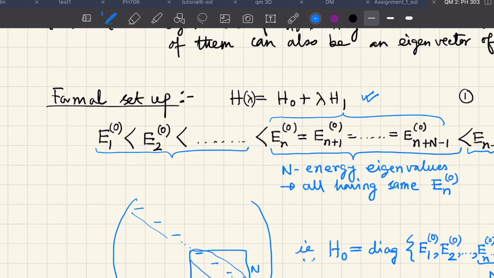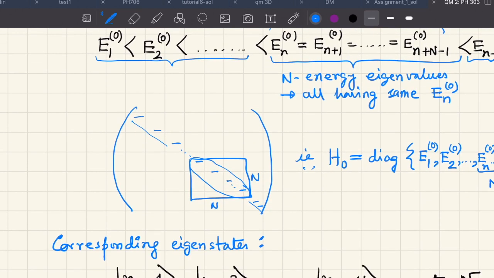Therefore your H naught is a diagonal matrix, E10, E20, E30, but when we come to this nth element, we have capital N number of such values on the diagonal, which are all the same.